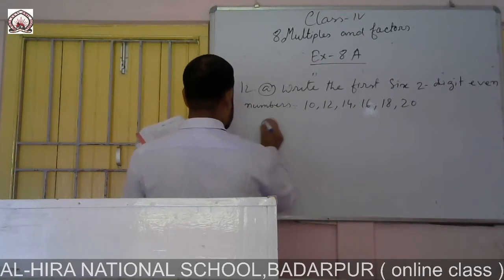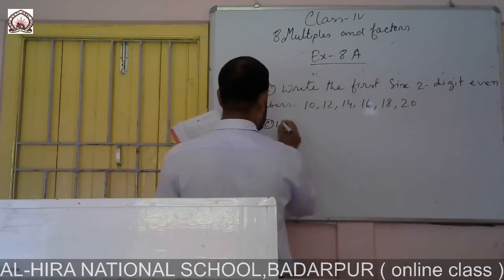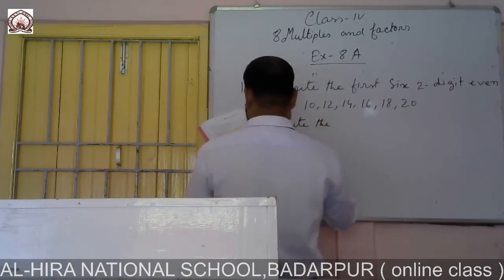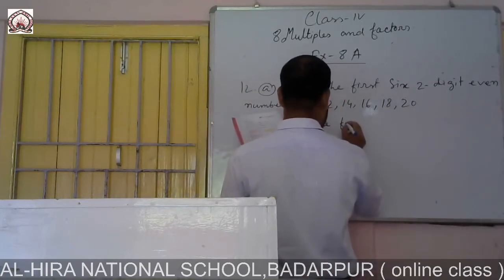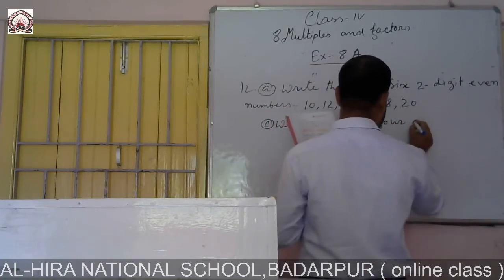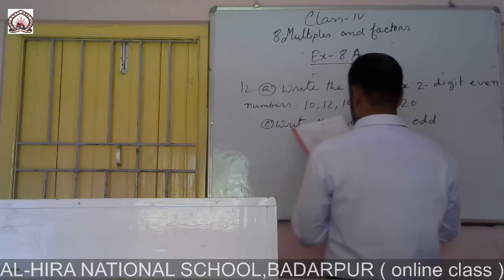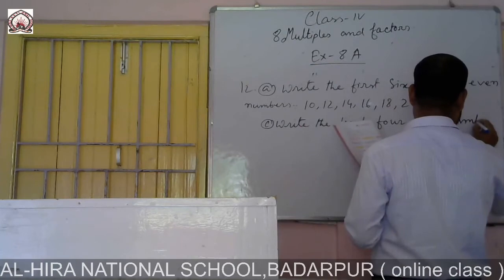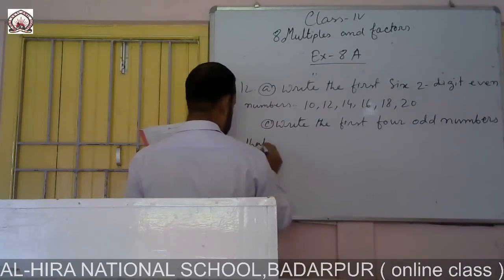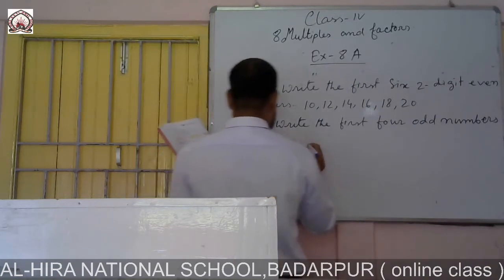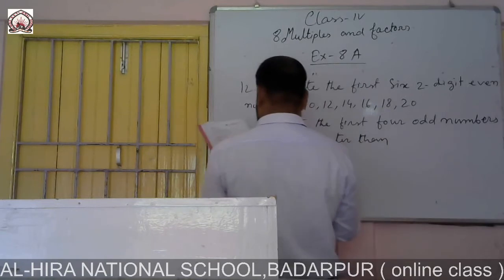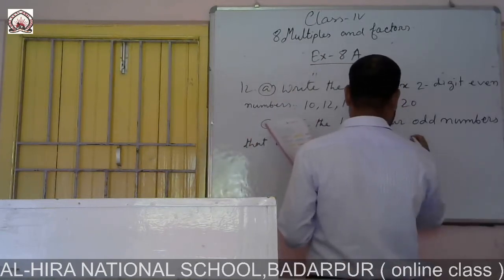Question number 3. Write the first 4 odd numbers that are greater than 997.